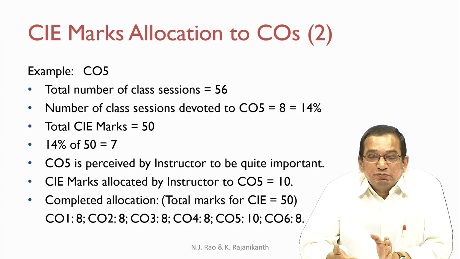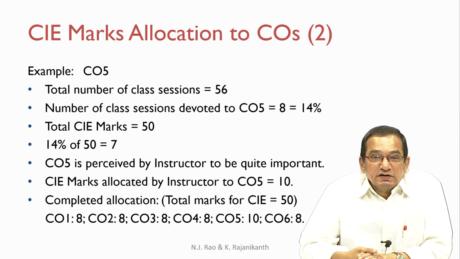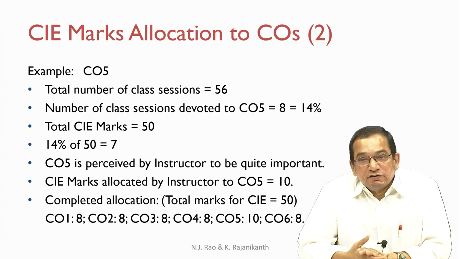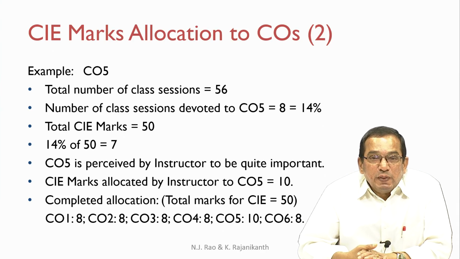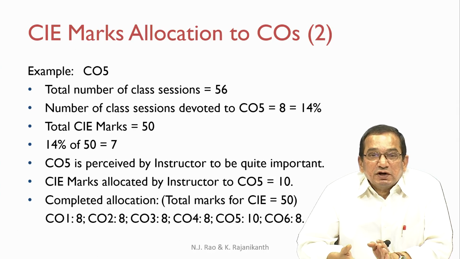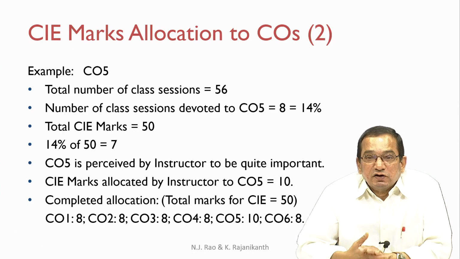So, if we go strictly by the same percentage, then we get 7 marks. It is possible to allocate 7 marks only to the CO5, but the instructor perceives the CO5 to be more important, significant for later courses. So, the instructor has allocated actually 10 marks to CO5, that is perfectly all right.